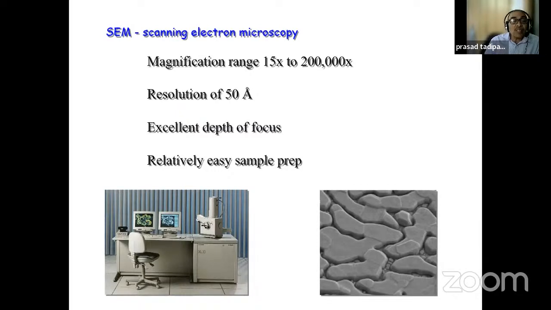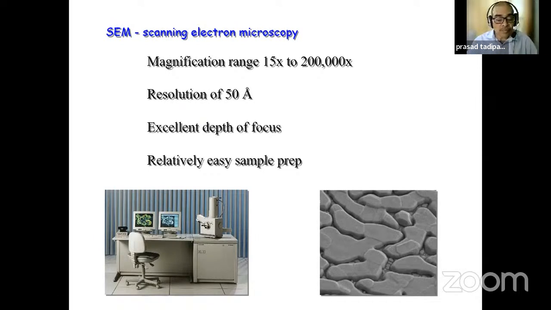So here, what are the important parts of an electron microscope? You have an electron gun, with a variable high voltage power supply. With that we use the electron gun, and from that you produce an electron beam, which passes through a magnetic condenser lens.